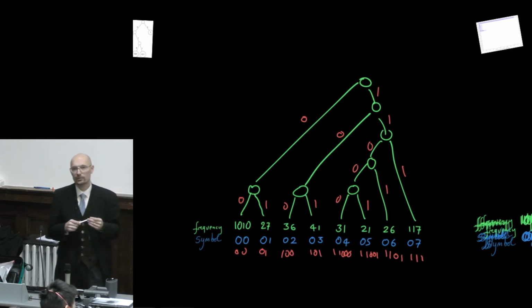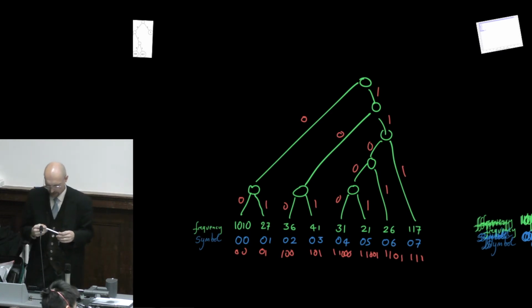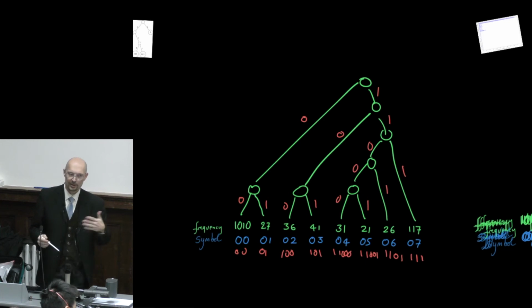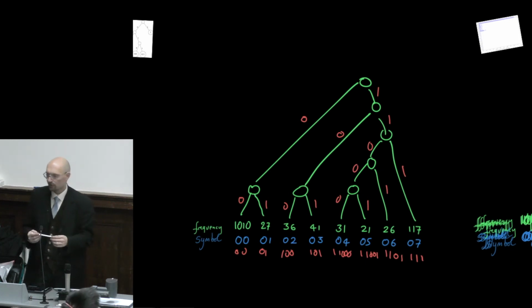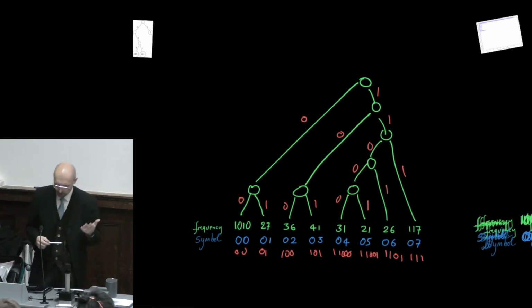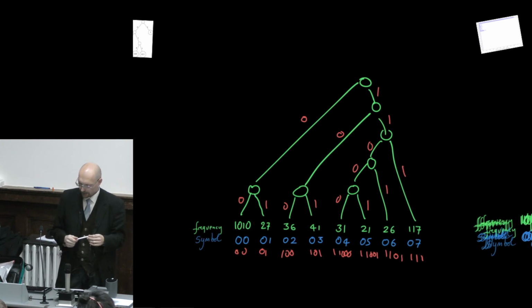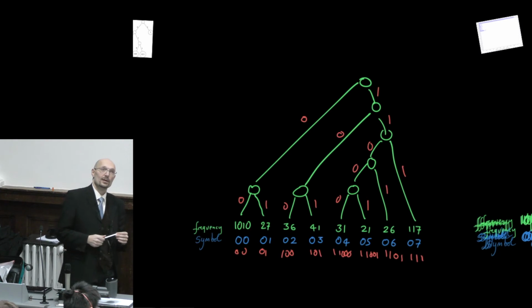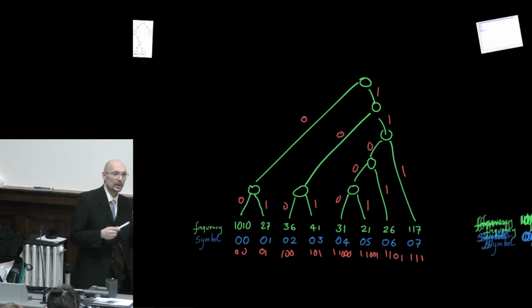If I know the frequencies of the input symbols, then if I have another input with the same frequencies, that's fine. If I have a much longer file, so long as it has the same frequencies, the efficiency of the code on it will be the same. So I can talk about the cost of a code as basically the average length of the encoded symbol through that code weighed by the frequency of the symbols.